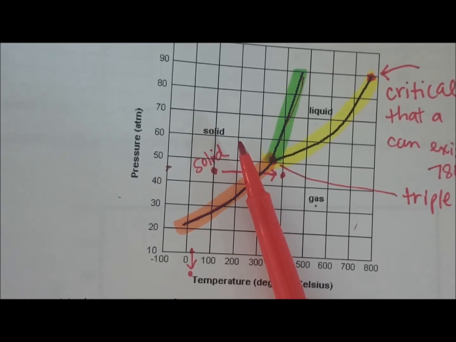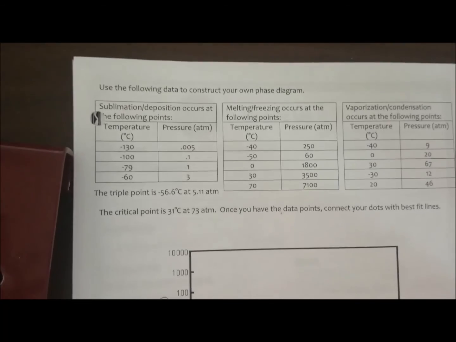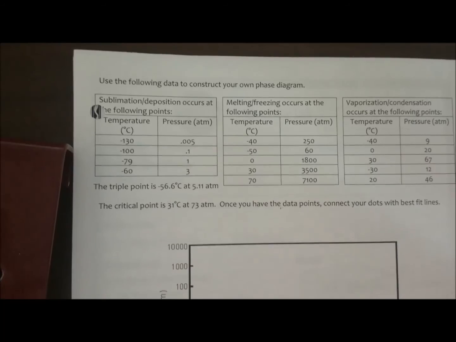Okay, so you still have the back of this worksheet, and I'm going to let you do that on your own. I will help you if necessary. The questions are very similar. The graph itself, you actually have to make the graph. Okay? So let me give you a couple pointers really quick. There are 3 different data tables, and you are going to graph all 3 of those data tables.